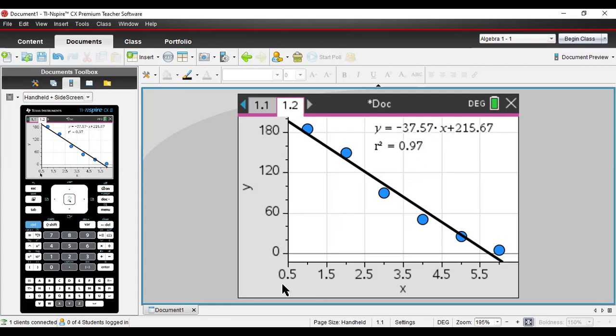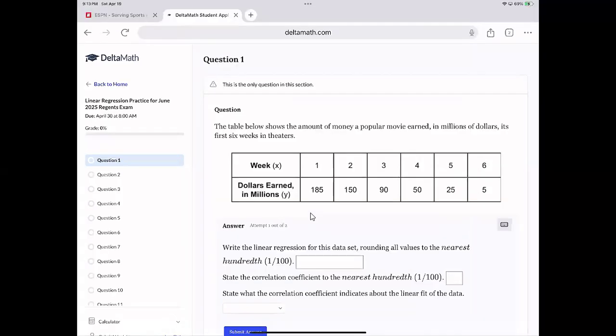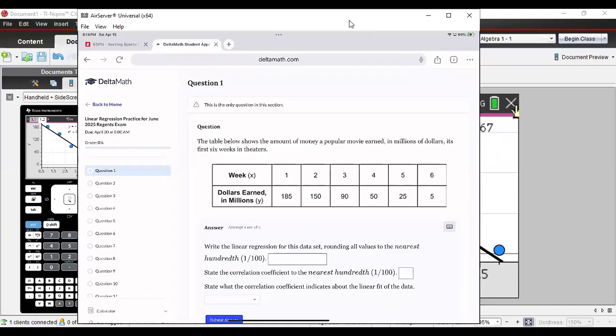Now, let's go back to this. We're supposed to round it to the hundredths place. So that is already rounded to the hundredths place. So all we're going to do is take that equation and type it in here. So let me see if I can do that right now. So I'm going to move this over.